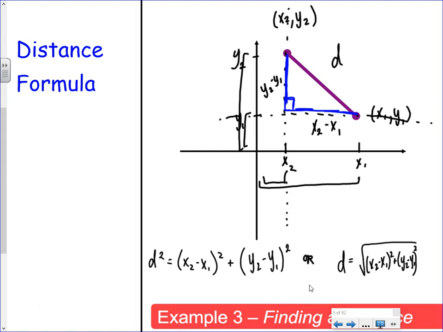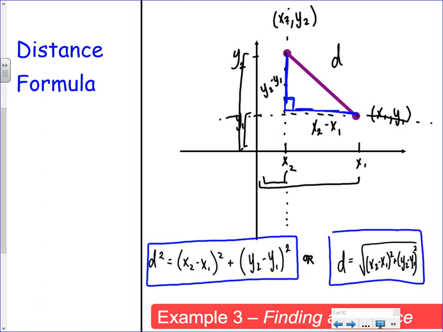Should there be a plus or minus if you need to square root both sides? Mathematically, we would say yes. So why is there no plus or minus when you memorize the distance formula? Because distance is always considered to be positive. So we just keep it positive. It's in context. In context, only positive makes sense.